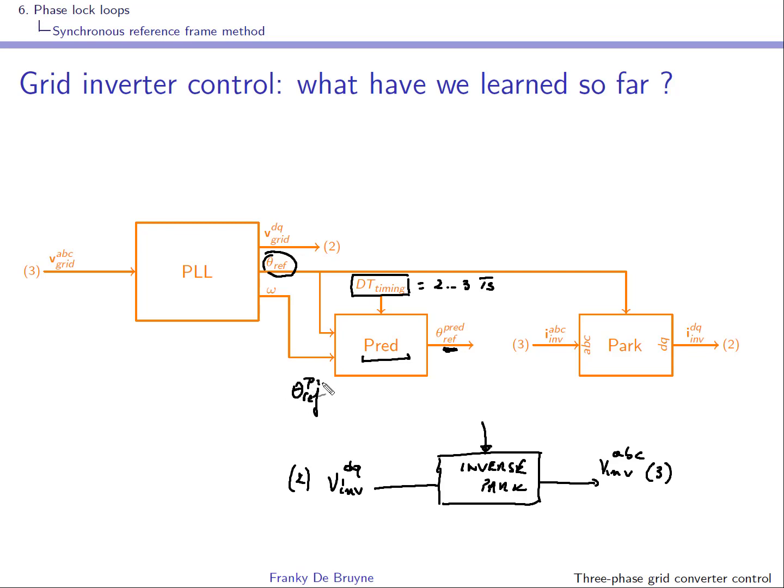The prediction is simply the angle that you had, plus dt timing times omega, and this gives you a prediction of the reference angle in advance. This prediction angle will be used for the inverse Park transformation, and this will then take into account that your control loop has a certain delay.